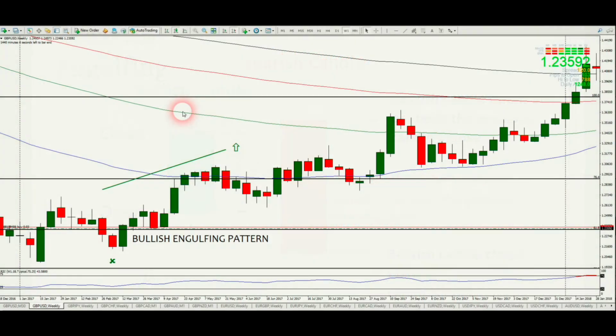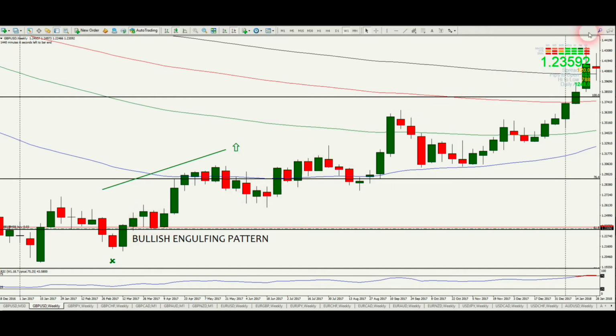Okay, so the first candlestick pattern that we're looking at is the bullish engulfing pattern. Now, this is a GBP USD weekly chart, and for 6 weeks the bears have been in control. This candle opened here, closed here, the next candle opened here, and the bulls have pushed right past the last week's open and gone on to take complete control of the price.